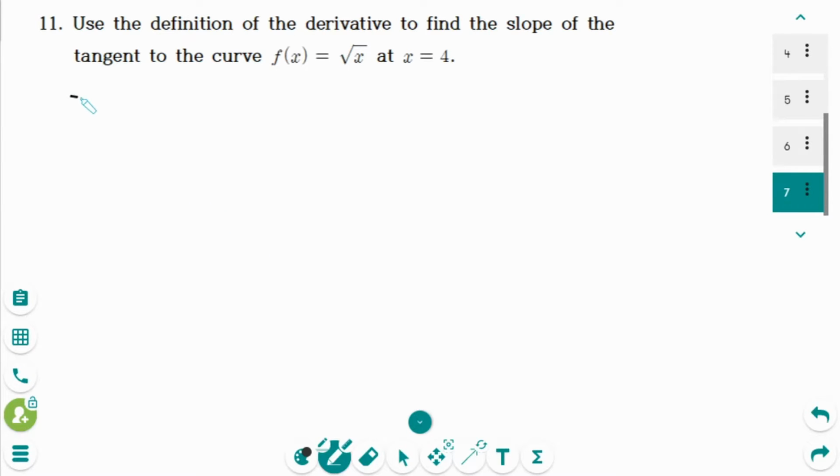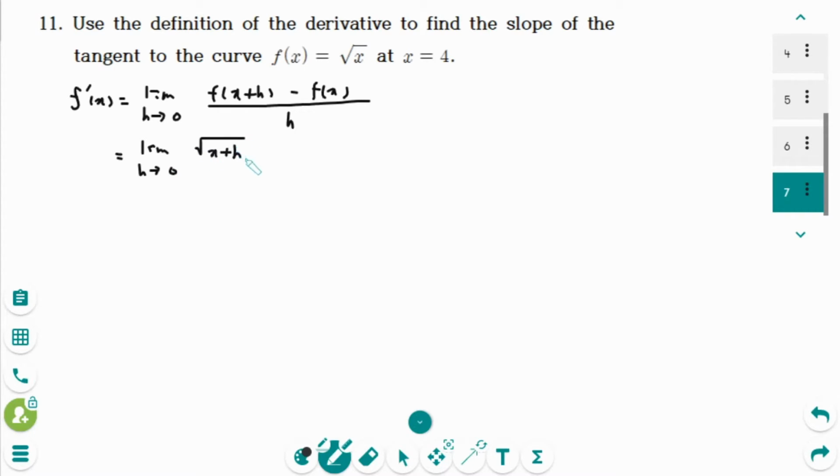So f prime of x equals the limit as h approaches 0, f of x plus h minus f of x over h, equals the limit as h approaches 0, square root of x plus h minus the square root of x over h, then times the conjugate, square root of x plus h plus square root of x, on each side.